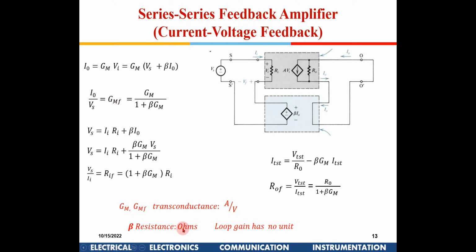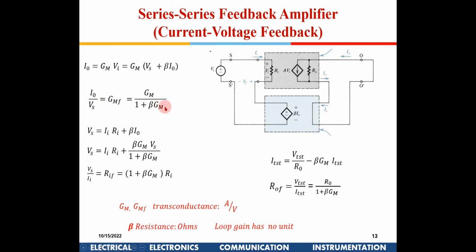So beta will be in resistance, ohm. So when these two multiply, this will become unitless. Then again you will get it as GM only, because I0 by Vs has to be in units of GM. So that is how the units also match.